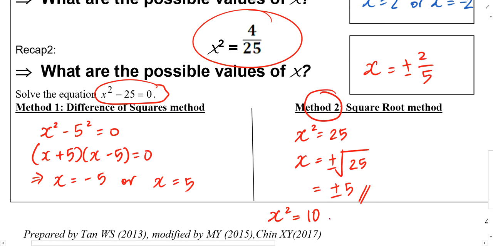Can you write this in the form of x plus something, x minus something equals 0? At this point in time you cannot yet. So you have no choice but to use method 2. Therefore x equals plus minus square root 10. So method 2 always works. Method 1, for now, only limited cases.